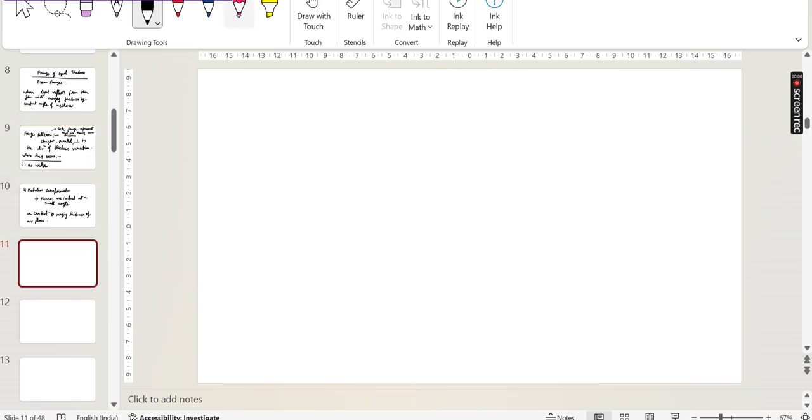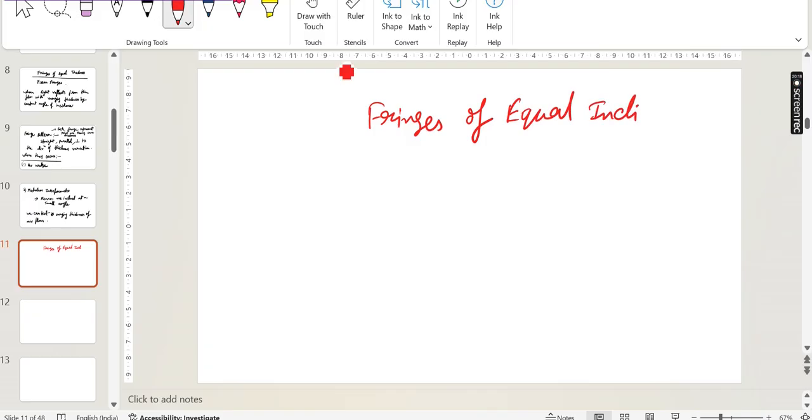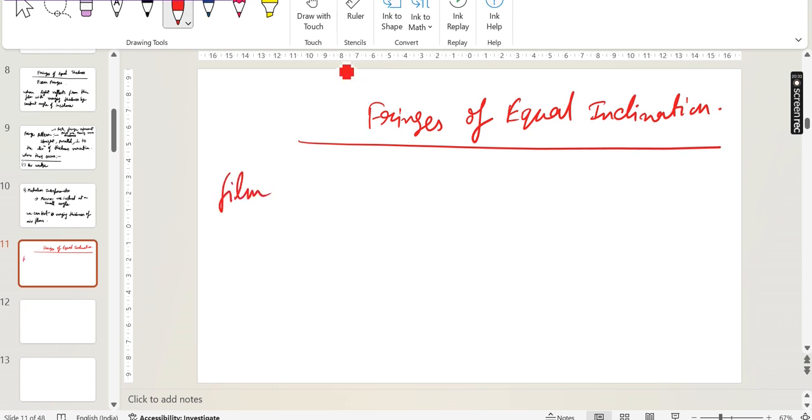Now, fringes of equal inclination. So it occurs when an extended source illuminates a film of uniform thickness.